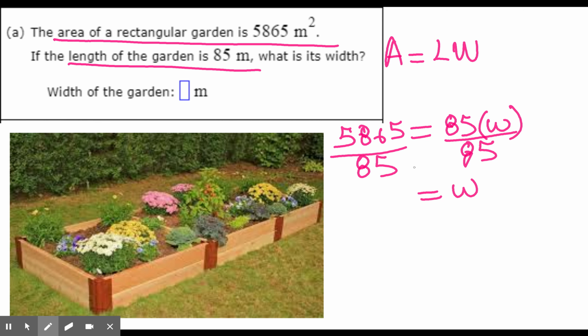And I'm getting 69. But of course, we're going to check our work.